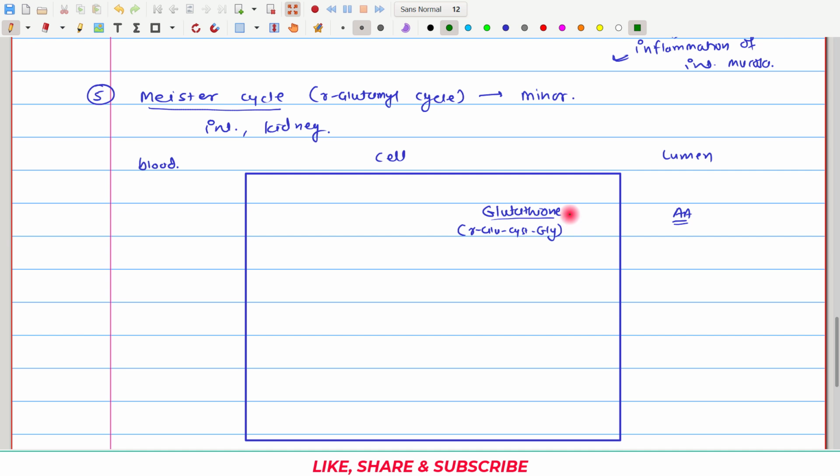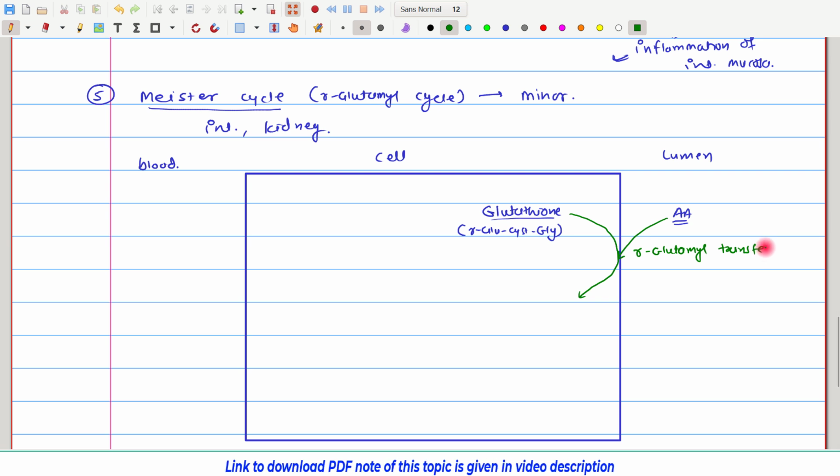Now, what happens? This glutathione inside the cell reacts with this amino acid in the presence of gamma glutamyl transferase. This gamma glutamate binds with this amino acid, and this cysteine glycine dipeptide gets separated.